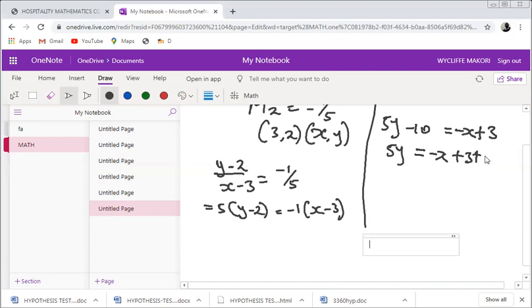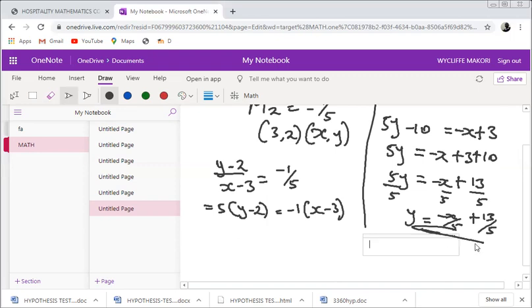Negative 10 will come to this side to be plus 10. Therefore, 5y will be equal to negative x plus 13. So for y, we divide everywhere by 5. So y will be equal to negative x over 5 plus 13 over 5. And actually, this is now the equation that we were looking for.